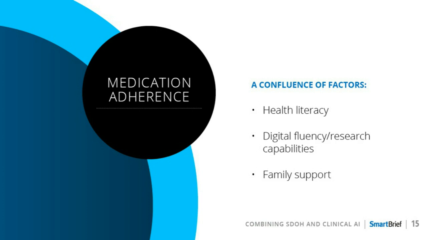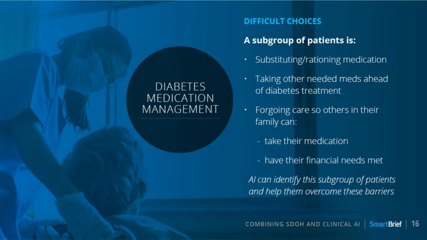Yeah, so diabetes in particular is actually one of the areas where those choices are definitely being made. There's good literature about it, and it definitely comes up in AI as identifying those individuals where the social determinants of health and the support aspect really has them choosing between one of their medications and a diabetes medication, especially for the type 2 non-insulin dependent diabetics.